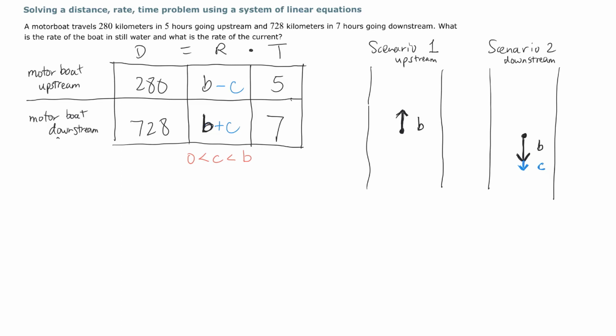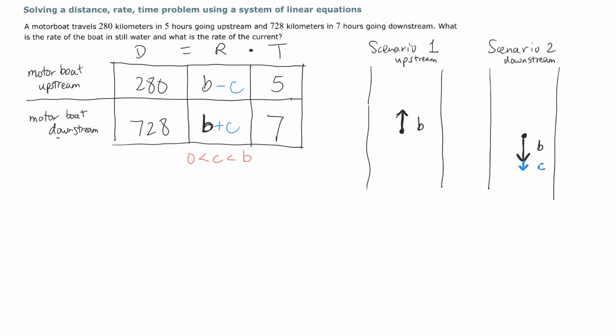All right, we're ready to solve this. It says, what is the rate of the current? We actually want to find the rate of the current. But our equations right now look like they're ready to be solved for b. So it doesn't hurt to solve for b and then go back and solve for c. Oh, I actually asked for what is the rate of the boat in still water and what is the rate of the current.